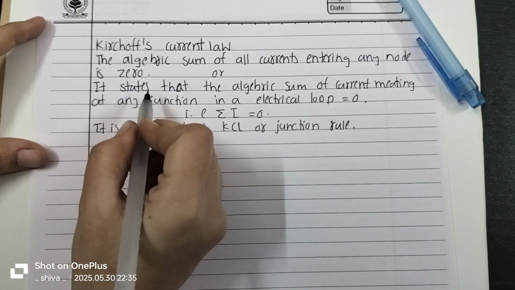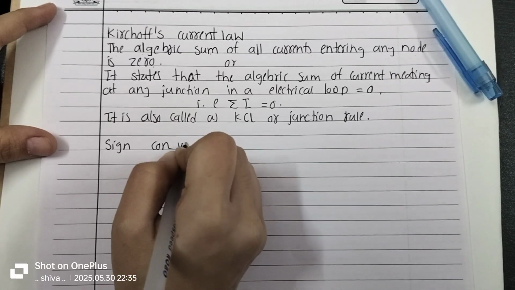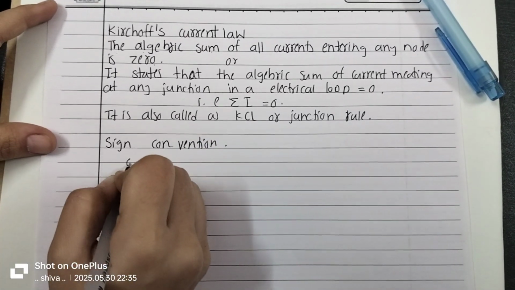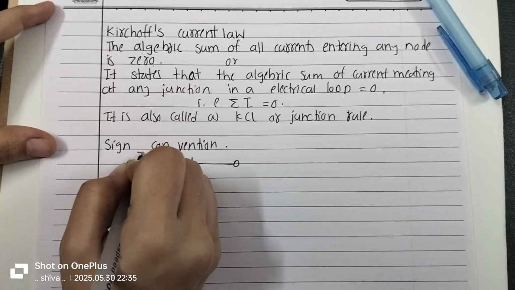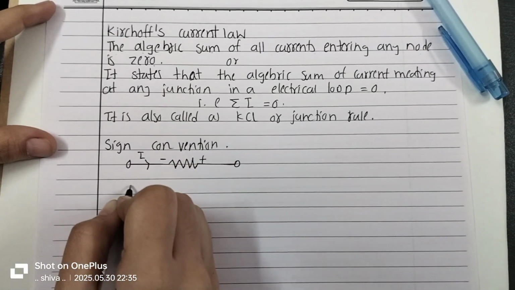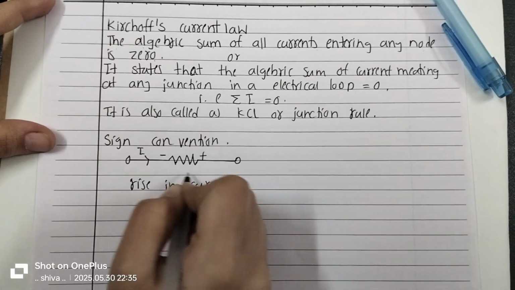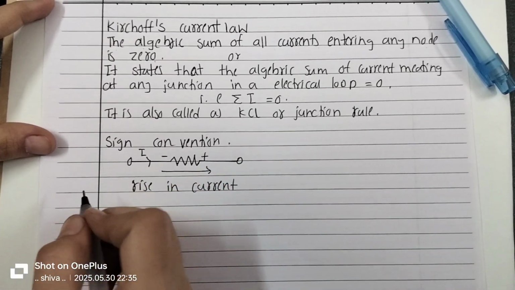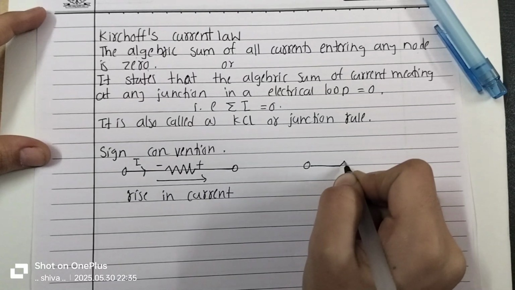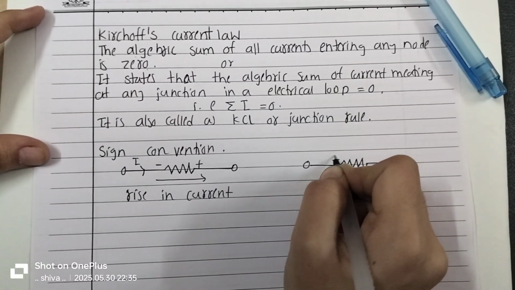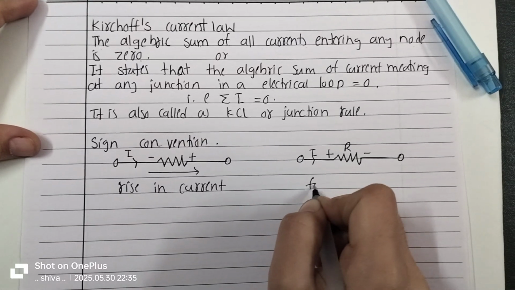The sign convention for Kirchhoff's current law is as follows. If the current I flows through the resistance R1 from negative to positive terminal, there is a rise in current.